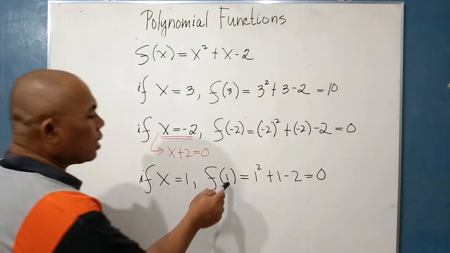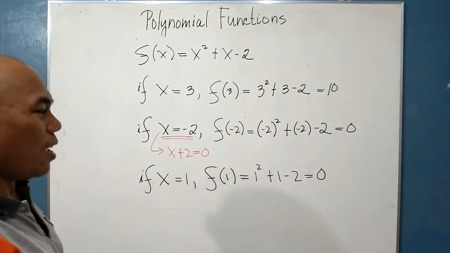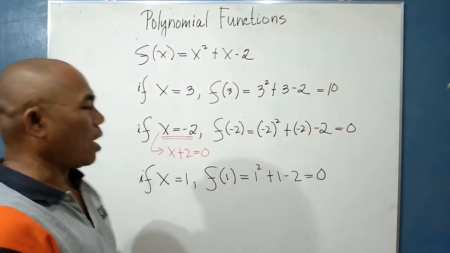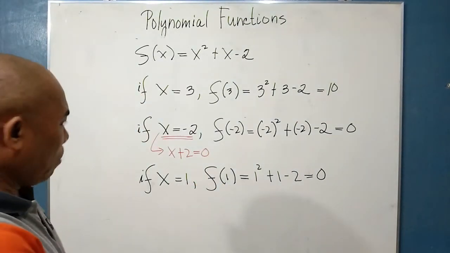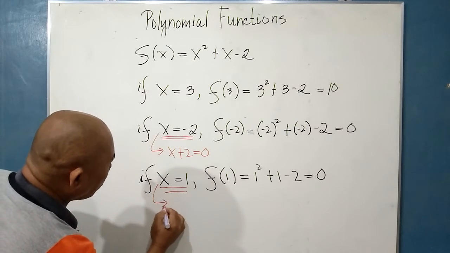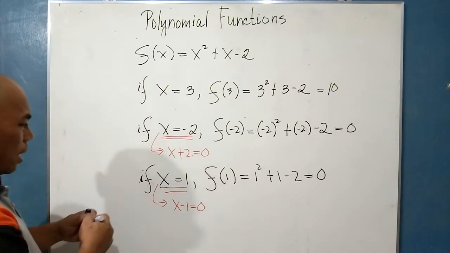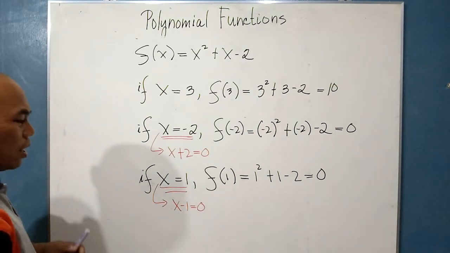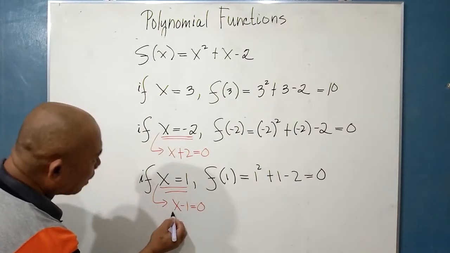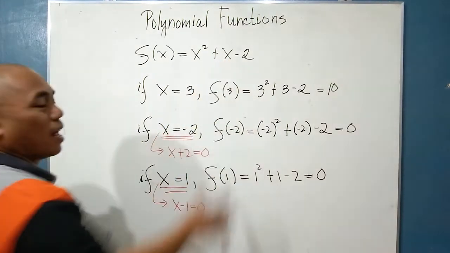So, 1 is another 0. Okay? Kaya kita man nato nga equal siya sa 0. Ang buta po di pasabot nga kini siya can be written as x minus 1 equals 0. So another idea, si x minus 1 di ay is also a factor ani niya.